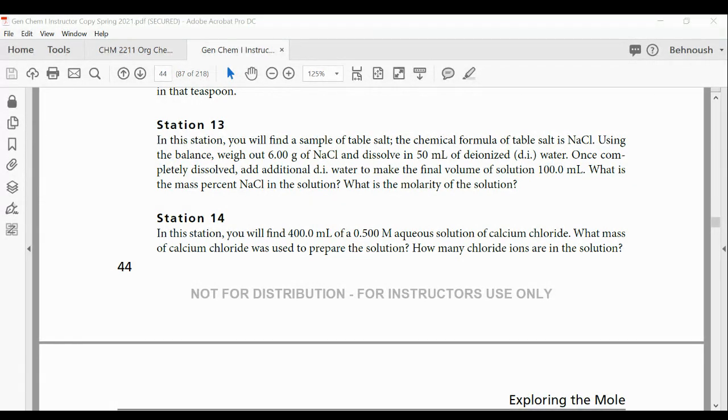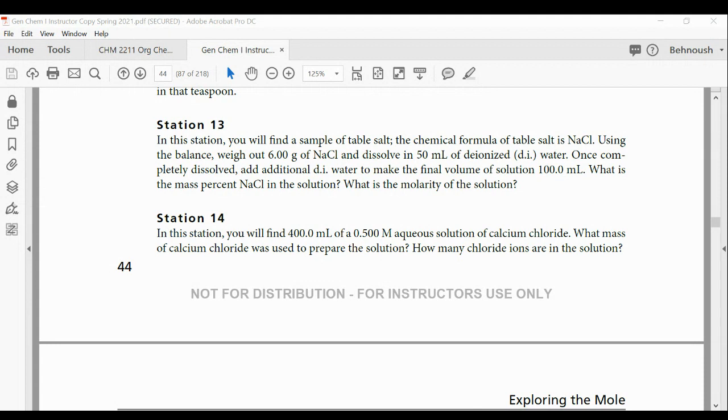How do you find number of moles? You already have 6 grams of NaCl. You divide that by 58.5 grams per mole. That gives you the number of moles, right?